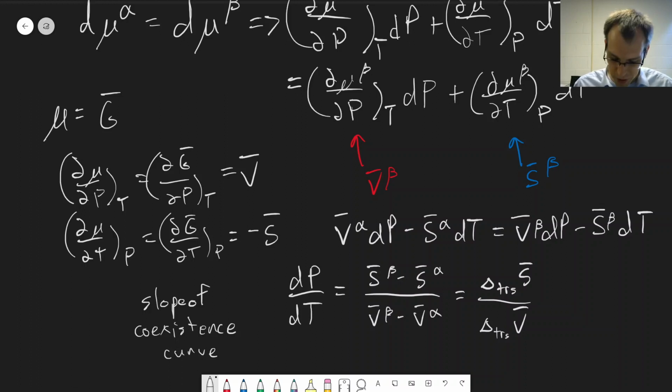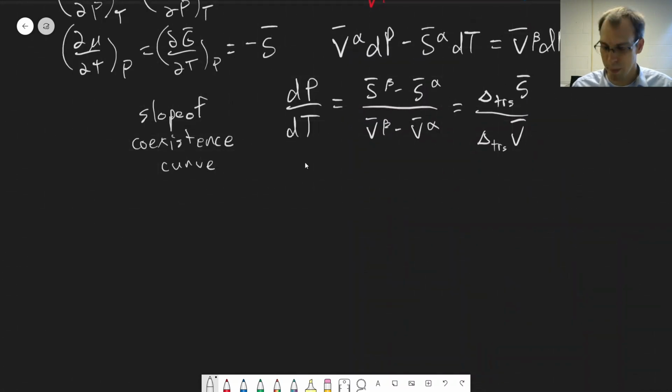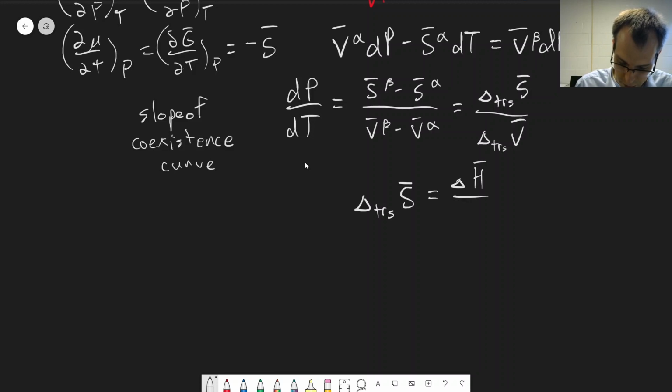Now there's one more substitution we can make. We can write this just in terms of entropies, or an alternative form is to say, well, we know that the change in molar entropy at the phase transition is just delta H bar at the phase transition over T at the phase transition. And this is something we talked about with the third law of thermodynamics, right? Because delta H is equal to Q at constant pressure, and there you go. That's just the definition of entropy.